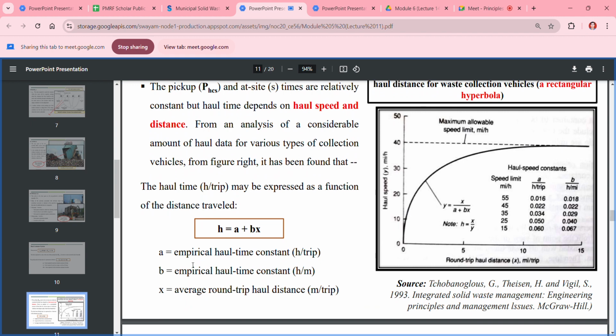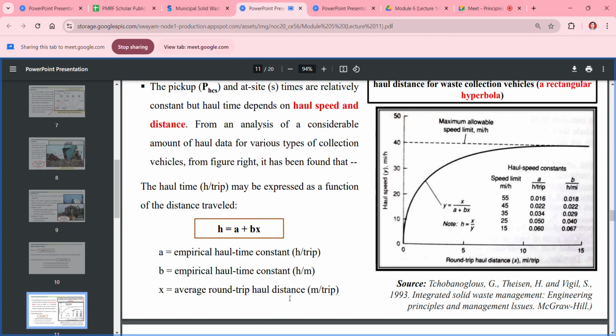That time will include the time taken for picking up the container and putting it back. So that time is going to be constant, and B is the empirical haul time constant, and X is the average round trip haul distance.